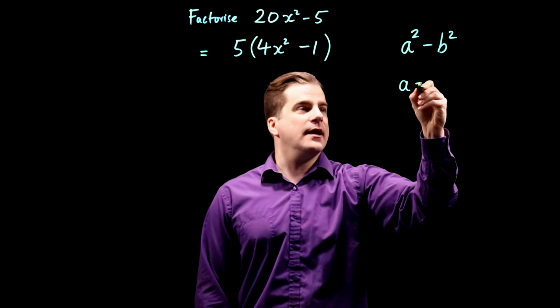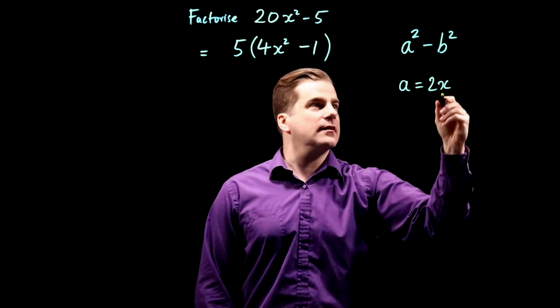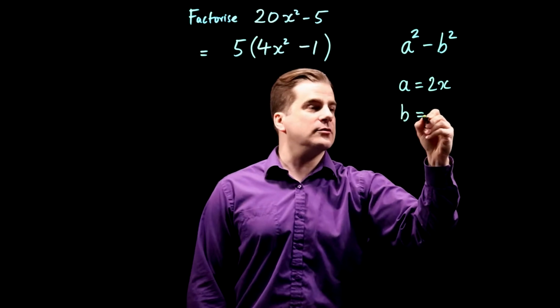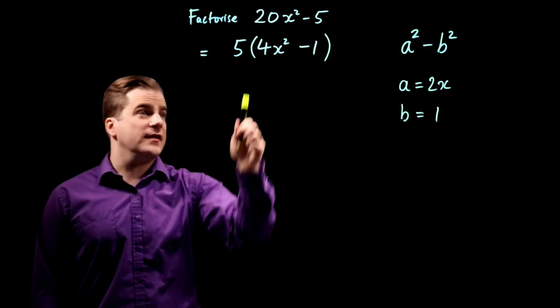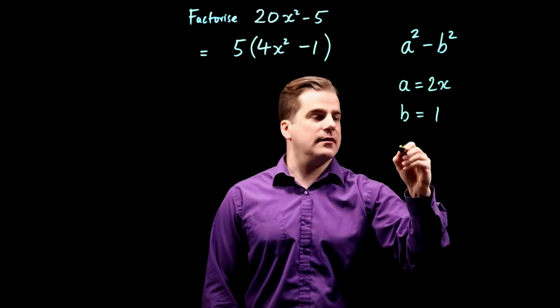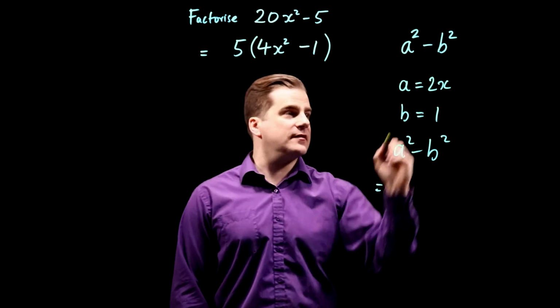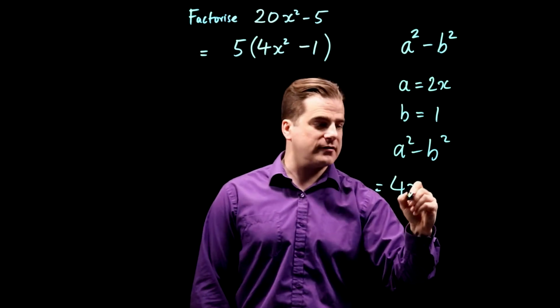Because if you put a equal to 2x, and b equal to 1, then this is a squared minus b squared. Since a is 2x, a squared is 4x squared.